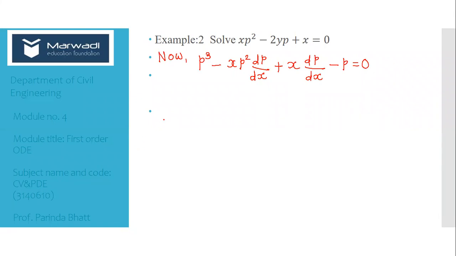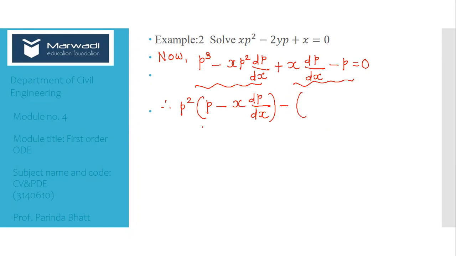Now factorize these two terms as well as these two terms. Which term is common? p square is common. Therefore, p minus x dp by dx. And here, nothing is common, therefore minus sign, because here p is first, therefore here also p is first, minus x dp by dx, equal to 0.